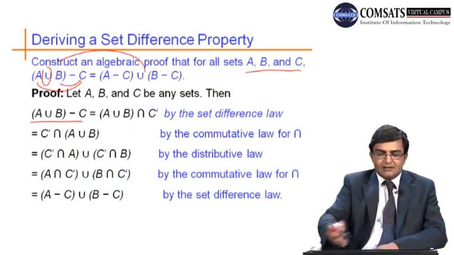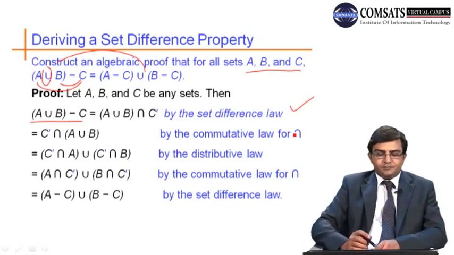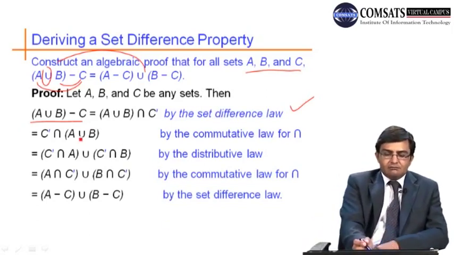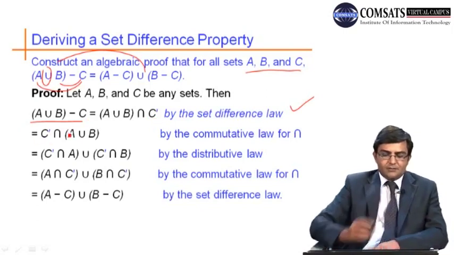And then by using the commutative law, we can write C complement intersection (A union B).